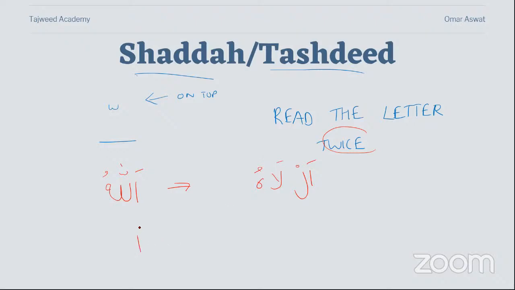Another easy example would be abba. I am saying the letter ba twice. I'm not saying abba with one ba, that is incorrect. Why? Because then I haven't given the tashdid its due rights, which is the strongest symbol. Tashdid is the strongest symbol, so it takes precedence over any other symbol, particularly jazm.